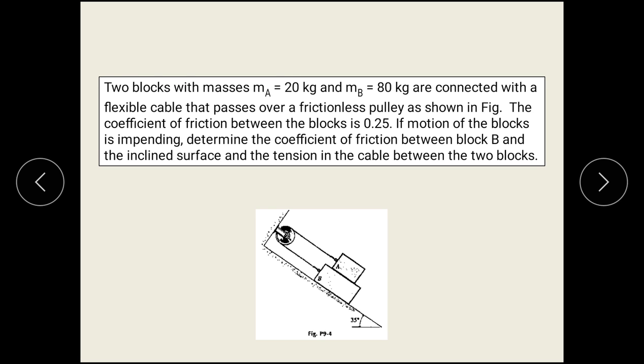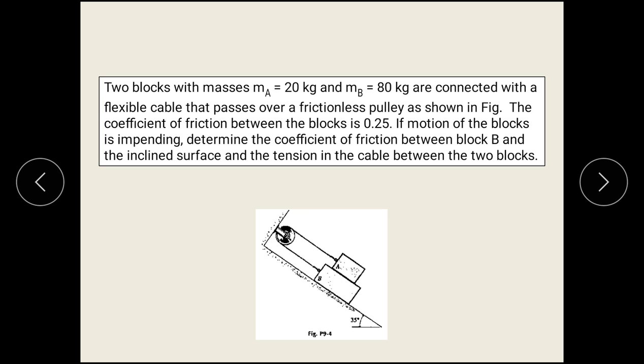So in the question, the mass of block A is 20 kg, the first one, and the mass of block B is 80 kg, the second one. Both blocks are connected by the flexible cable over a frictionless pulley, so the friction between the pulley and cable is neglected.